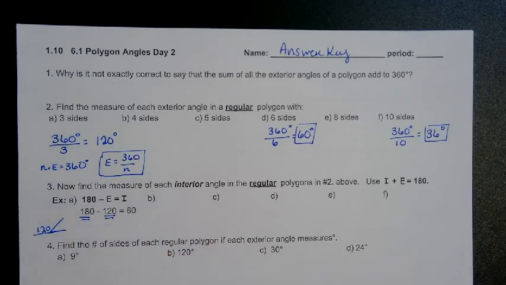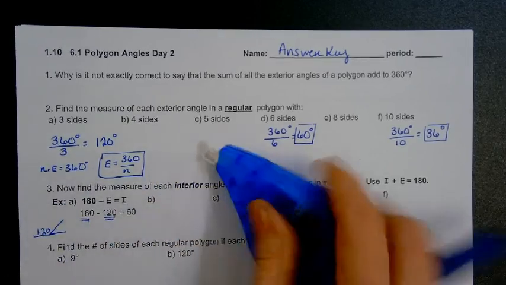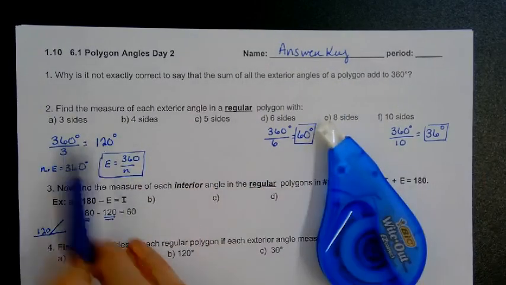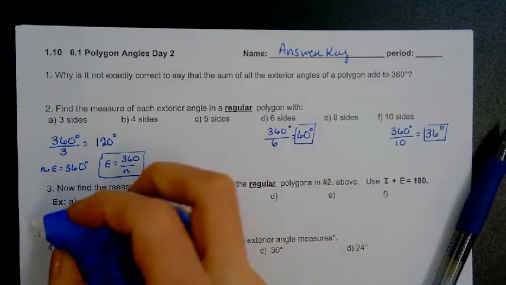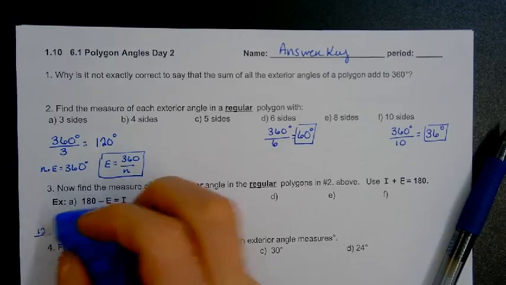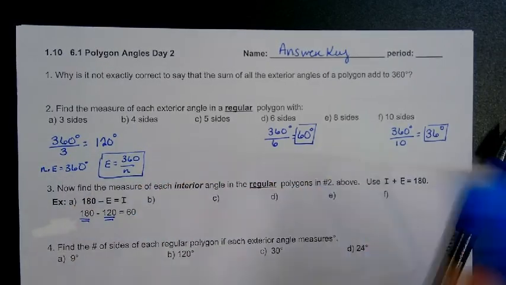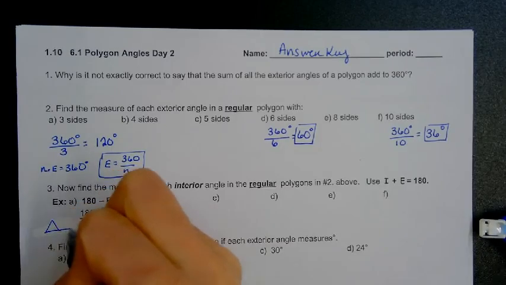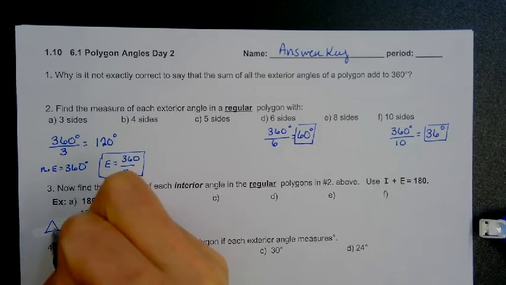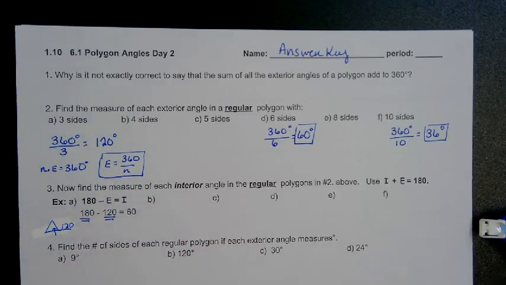Let me pause that for a second and restate that. Okay, so the exterior angle is 120. And so the interior angle, that's the angle we're trying to find, is going to be 180 minus 120.